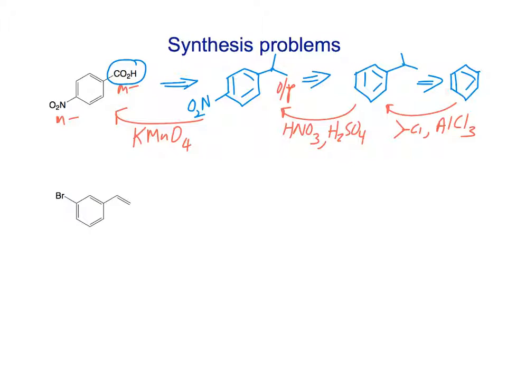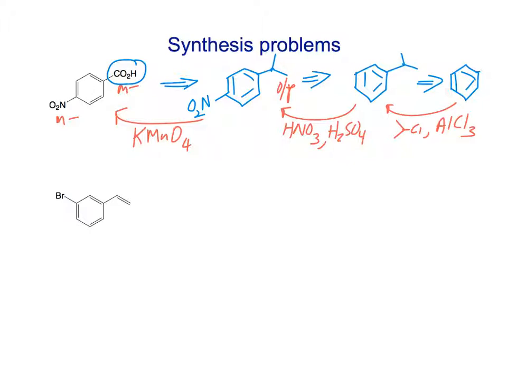Okay, and so this one we're going to have to do some chemistry on the side chain as well. Right, so let's just work our way back. We can't change the directing of the bromine, right? So we have to go through some functional group that is a meta-director.